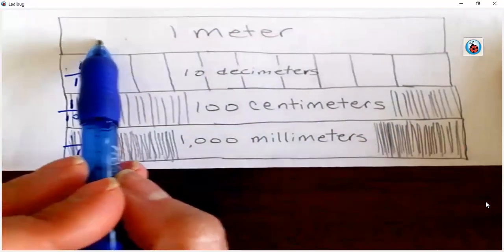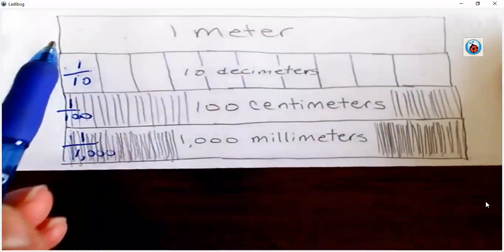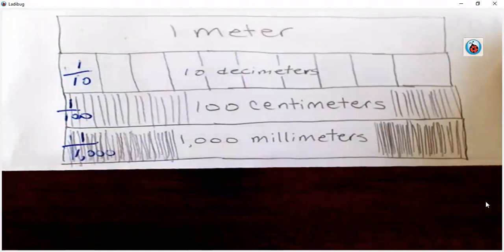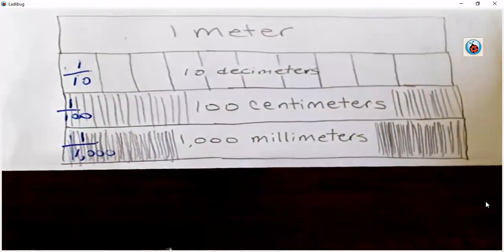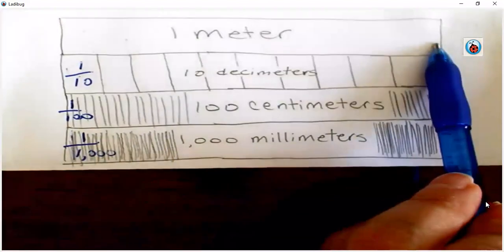You may have used a meter in some science experiments in school, or even in math. It's that wooden stick with all the measurements on it. It also has inches on it, but it's really called a meter stick. Well, here's our 1 meter stick.